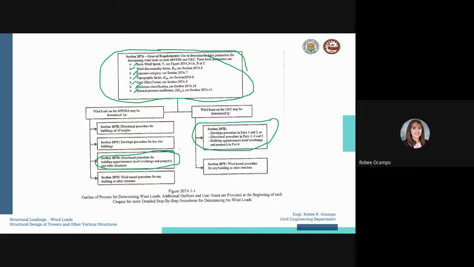And after the example of the billboard, we're also going to discuss the provisions from the TIA specifically. And after that discussion, we're going to have an example of computing the wind load, particularly a lattice tower used in telecommunication. Okay, so will be for our upcoming discussions.